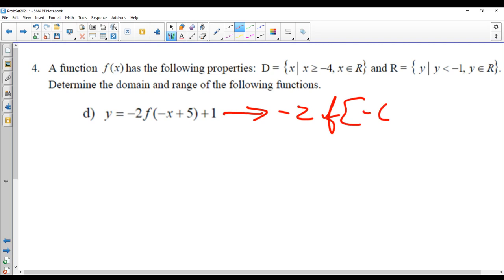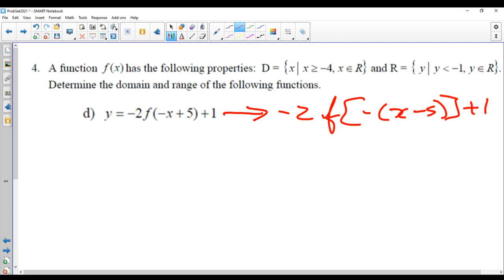And then what am I going to put inside the bracket now? X minus 5. And then we still have the plus 1 on the outside. Okay, that's the same as what we had before. We just factored out the minus 1. That's all. All right, good job, Krisha.